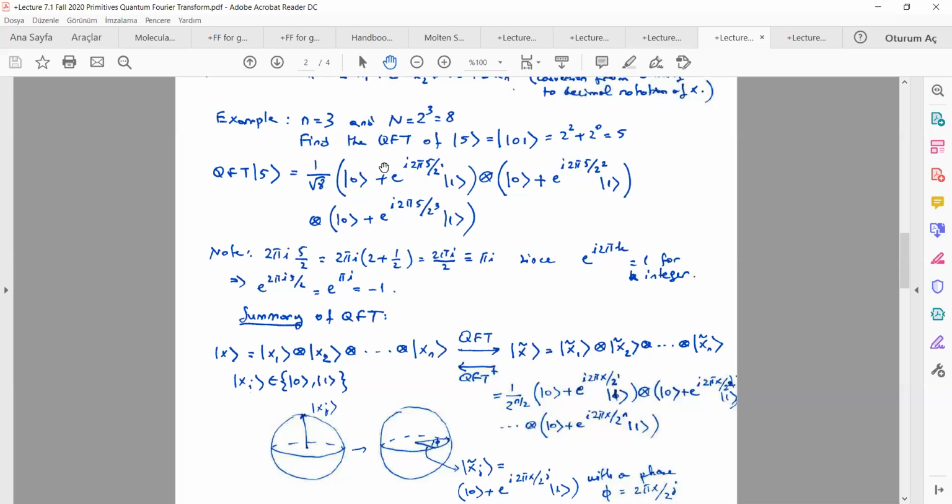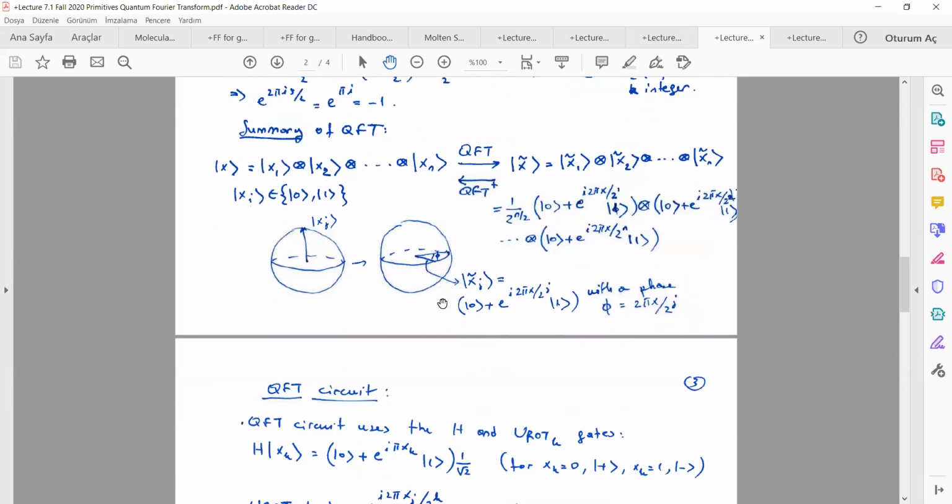So each one of the terms in the input, x1, x2, x3, is transformed through the quantum Fourier transform to these terms. Okay, so this is how we can express or define the quantum Fourier transform.